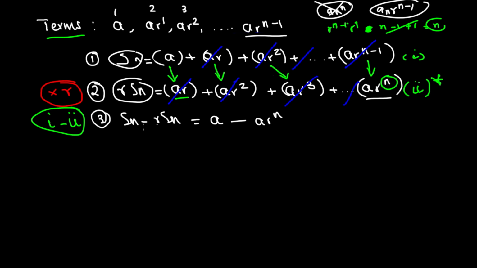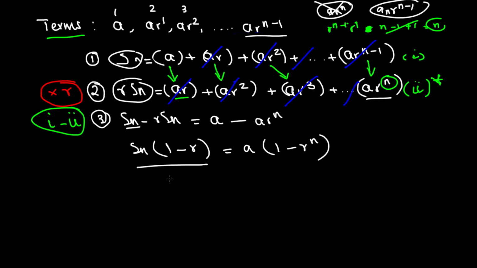Now we can factorize this side. So we can say Sn, we factorize, then we're going to get 1 minus r. Then on this side, we factorize a, so we're going to have a times 1 minus r^n. You can see that we are trying to solve for Sn, so we're going to divide throughout by 1 minus r.